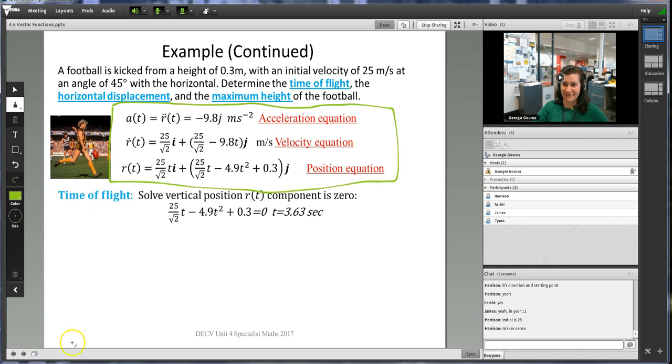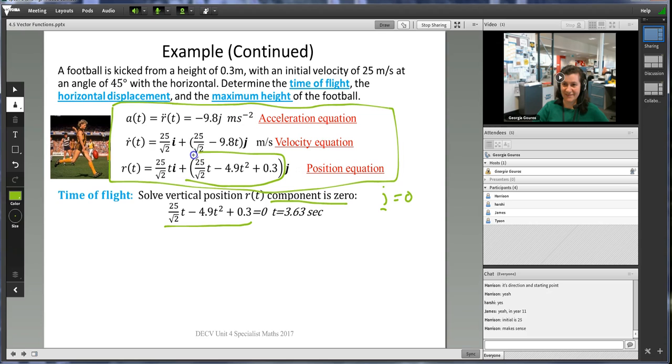So now we need to work out the time of flight. The time of flight, the vertical component, we want to work out when is that ball back on the ground. When is the J component equal to 0? So we need to take the J component of the position equation, it's this bit.